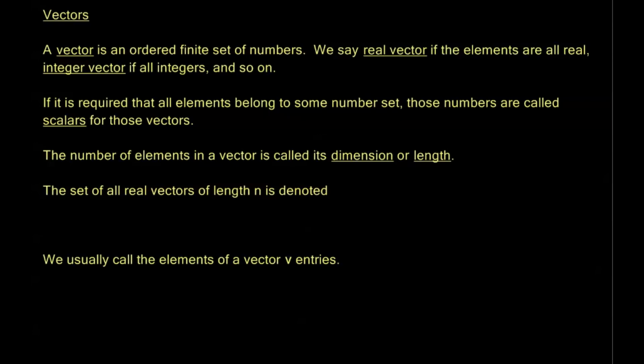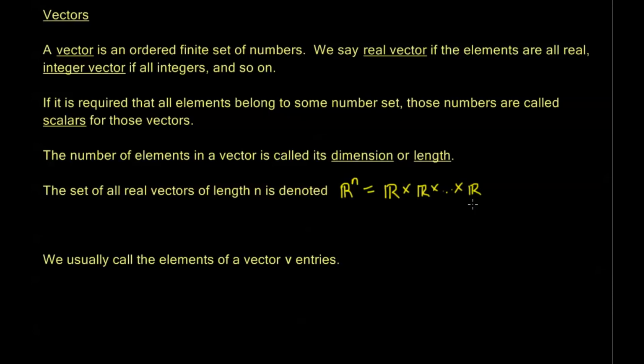If we have a vector, the number of elements in the vector is called its dimension or its length. We say the set of all real vectors of length n is denoted R^n, with the double-barred R. When we say R^n, what we mean is the cross product R × R × ... n times, n different real number sets crossed with each other.